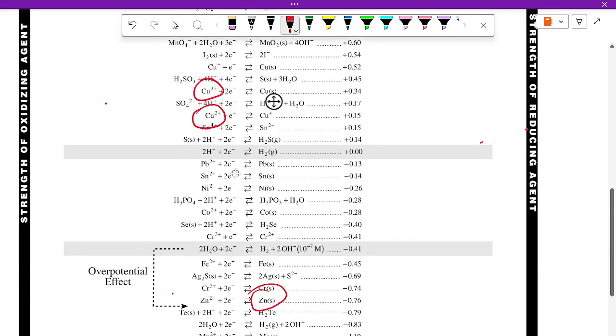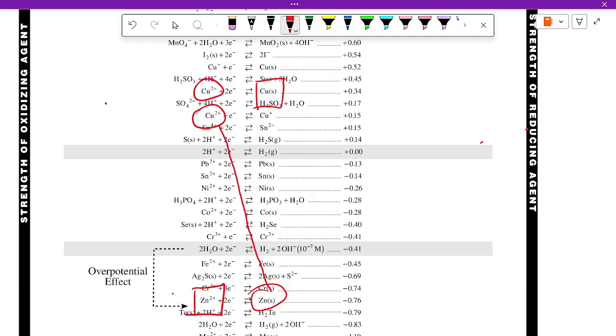Because if I attach those with a line, the ball will roll down the hill. If I were to have done it the other way, with zinc 2+ and copper solid, that's not going to work, right?